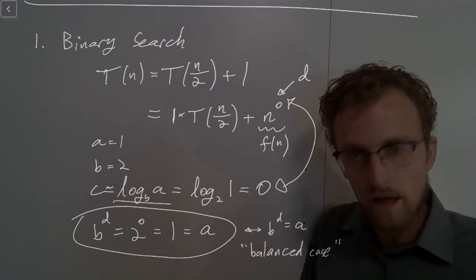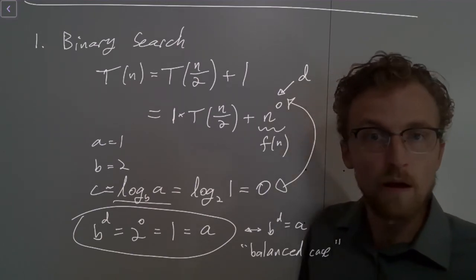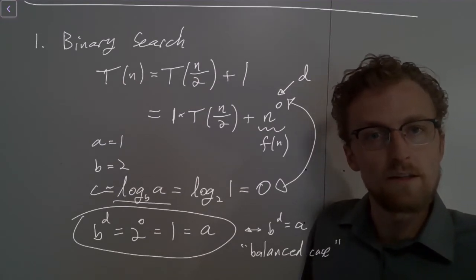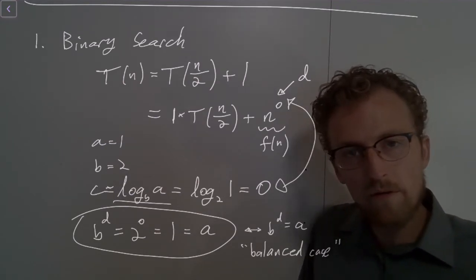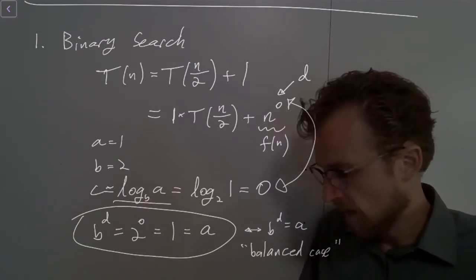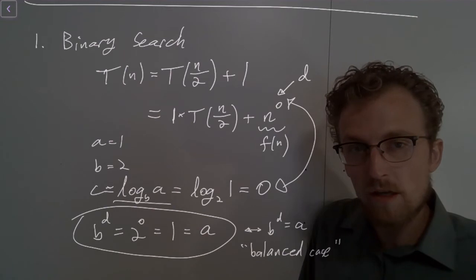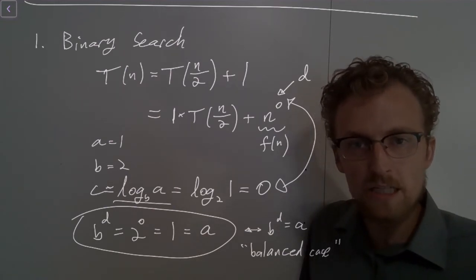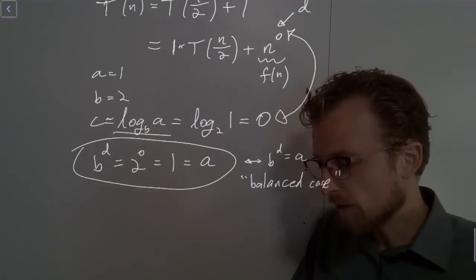They'll say, think about f of n as a polynomial, find its degree d, and then compare b to that power with a. It's exactly equivalent to the method that I showed in the videos earlier, but it can be slightly easier to think about. So if b to the d equals a, what do we have?